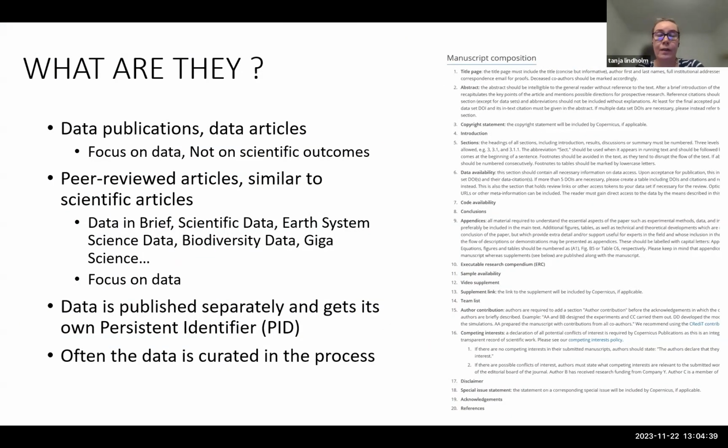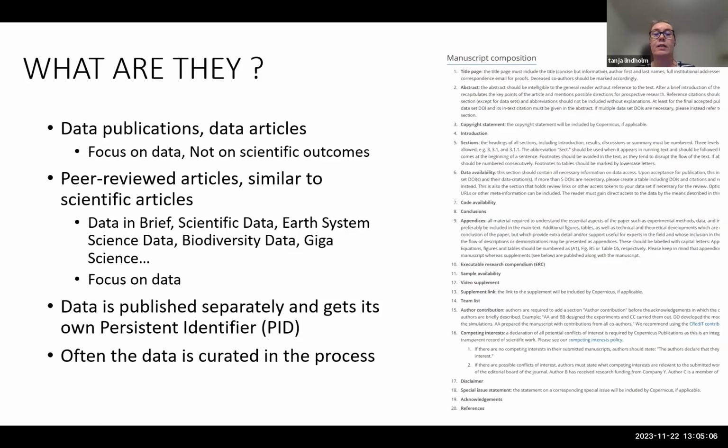This topic was data papers, but it could have been data publications or data articles, and it's pretty much the same thing. They are all peer-reviewed articles, similar to scientific articles. I took this manuscript composition from, I think, Earth System Science Data, but it follows the exact same structure.